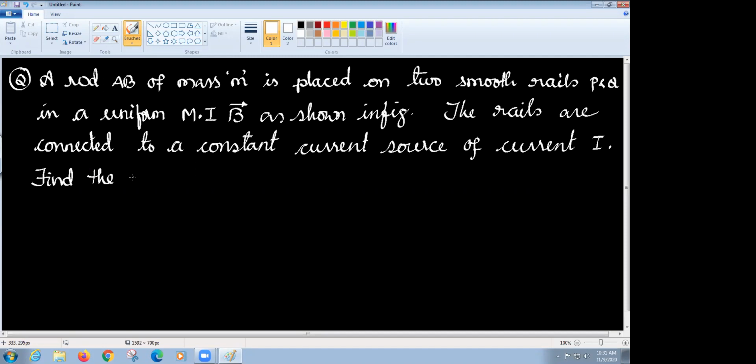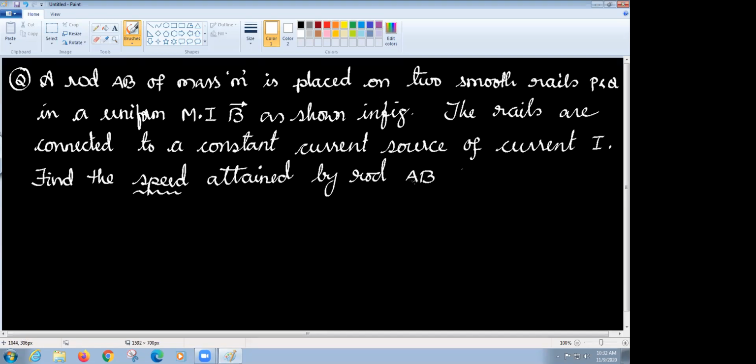I'm just making a basic question. Speed and mass kind of things we often don't require to observe, but this is interesting to observe. Find the speed attained by rod AB.